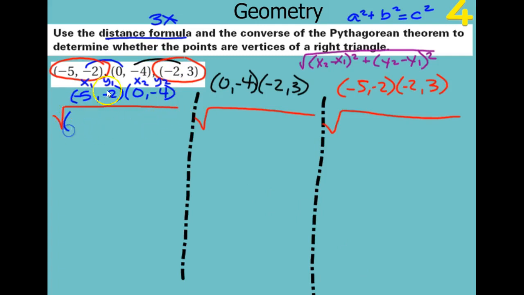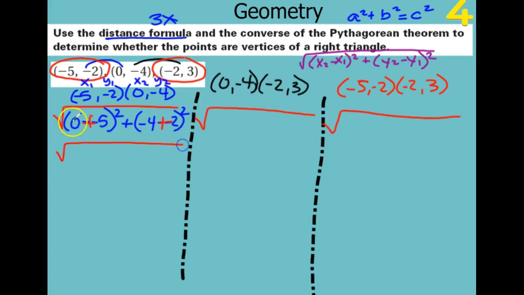Alright, so I'm going to start off by doing x2 minus x1. So 0 minus a -5, that makes a positive, and it's squared. And then plus y2 minus y1, so y2 is -4 minus y1, which is a -2, squared. Again, 2 negatives make a positive.